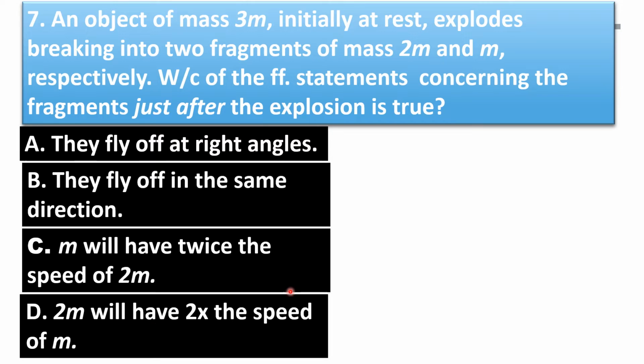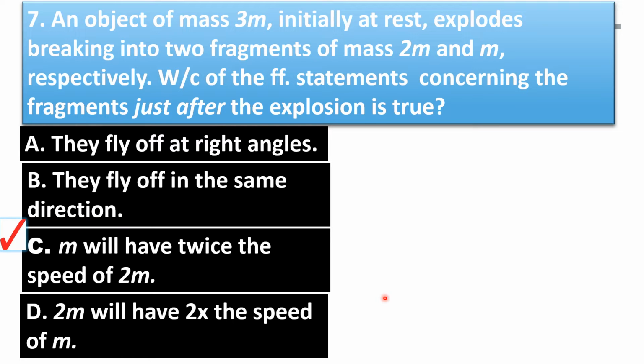So how do we analyze and answer this question? But first, let us reveal the correct answer. The correct answer is letter C. The smaller mass, the single mass m, will have twice the speed of 2m. Why is that so?